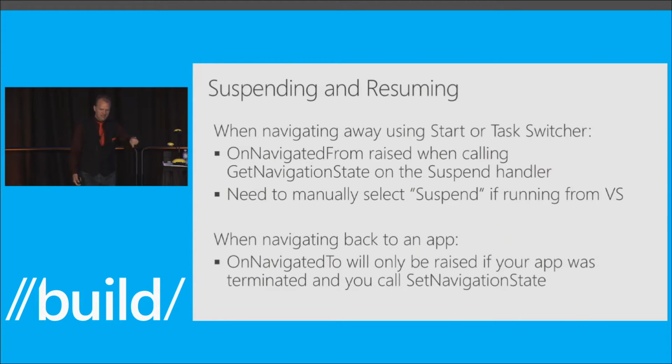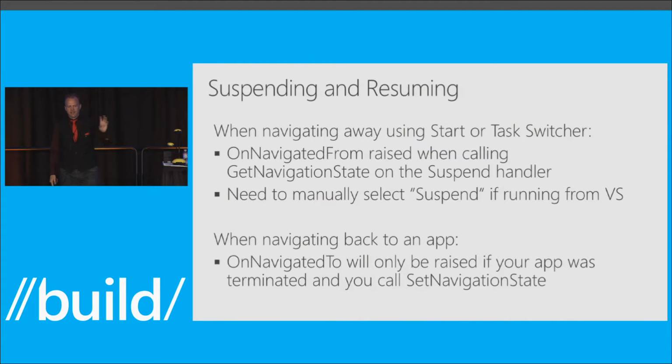And the same again when you navigate back to the application, if there isn't an actual navigation, so there's no app navigation happening. If you press start, there's your start tile, there is an actual app navigation happening, so you will get an on navigated to. But if you use the task switcher, there is no actual navigation happening in this case.